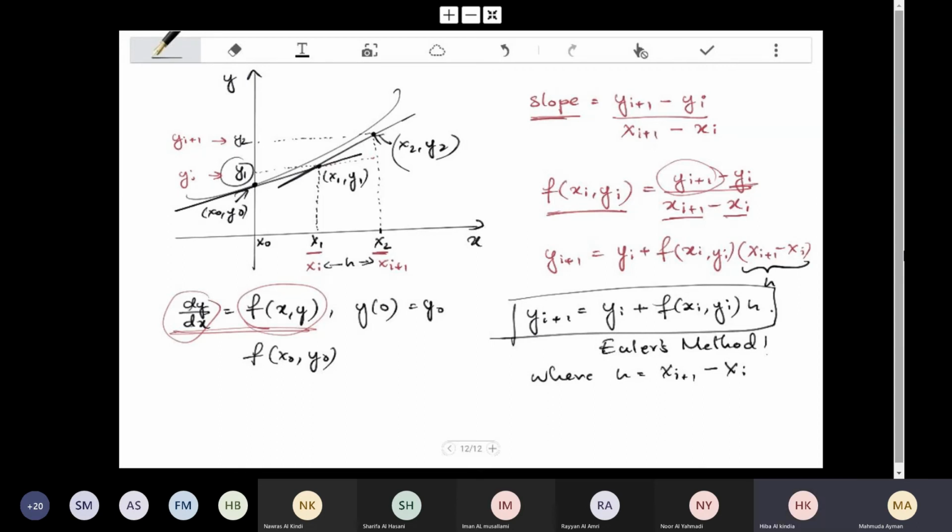How can this explanation be related to the last example? Because the last example you solved it with this method, but now you said the formula of the method is this.